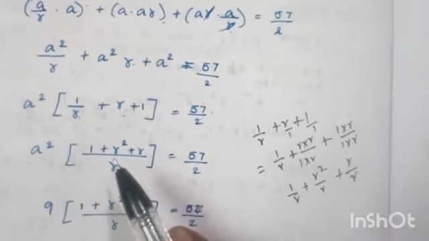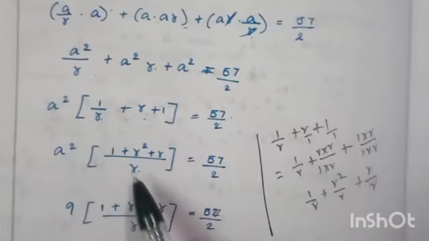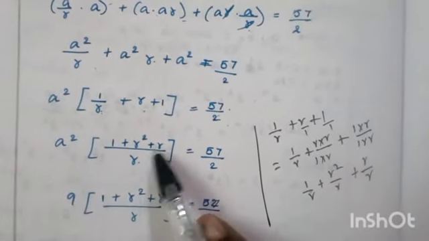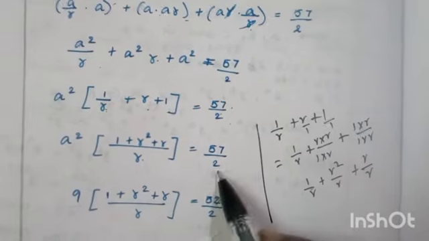They commonly take the LCM, so that equals 1 plus r square plus r by r equals 57 by 2.